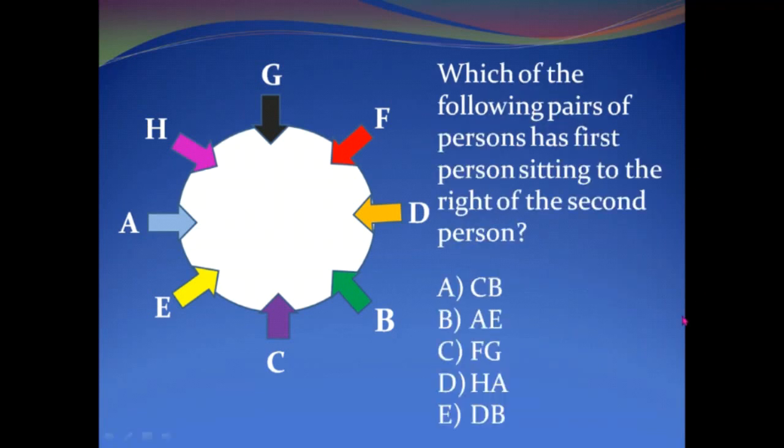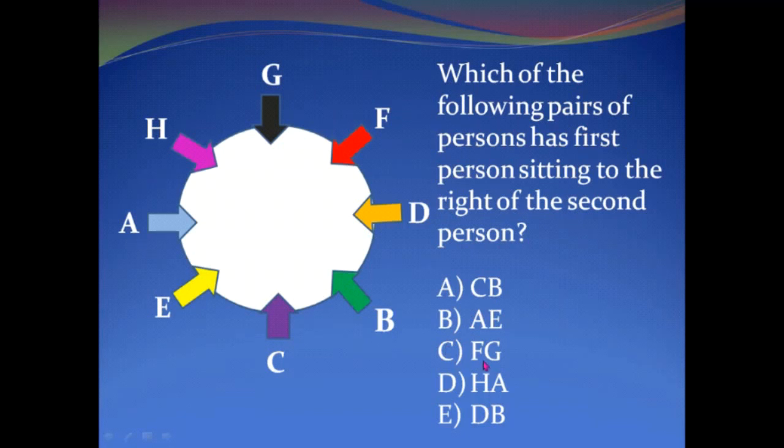Which of the following pairs of persons has the first person sitting to the right of the second person? Let's see. C is the first person, B is the second person. According to the condition, C is right of B, right? Here it is, C is left of B. So this option is wrong.